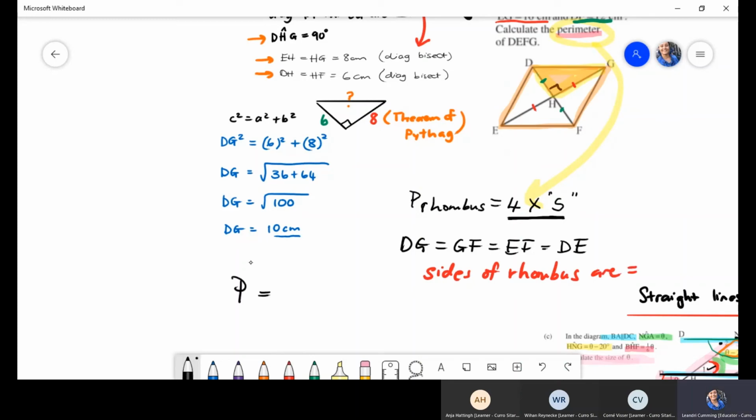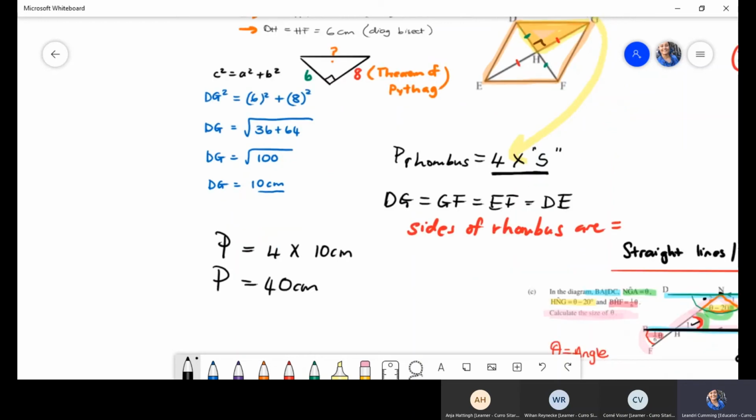The perimeter is equal to 4 times 10 centimeters. Perimeter is equal to 40 centimeters. Perimeter of what? Perimeter of my rhombus. You may add that here. Perimeter of rhombus DEFG. Great. Right, so that was that.